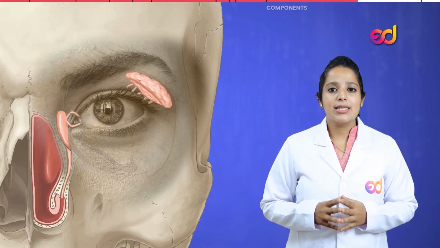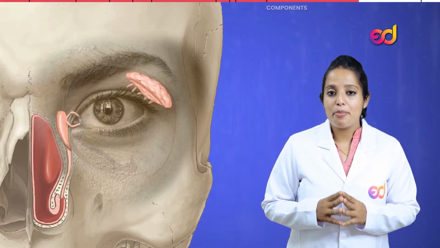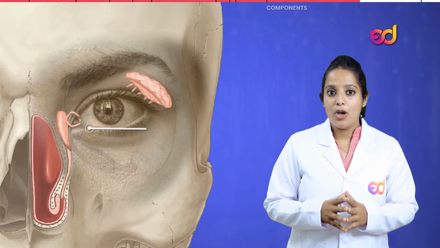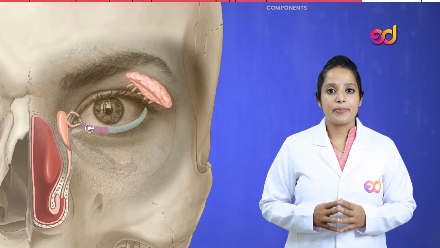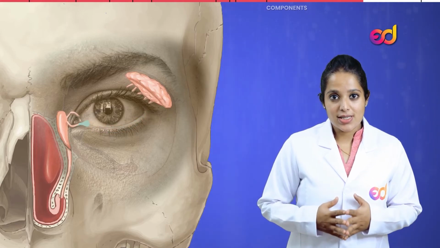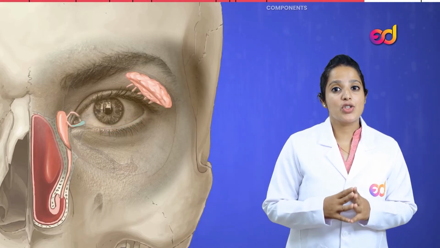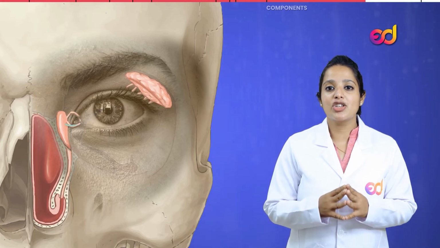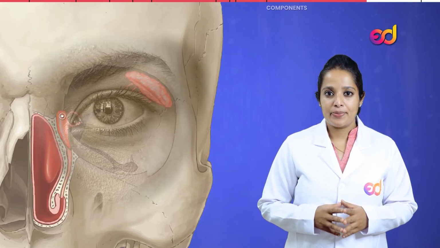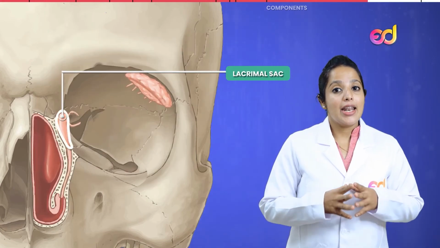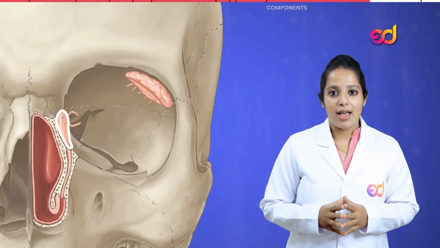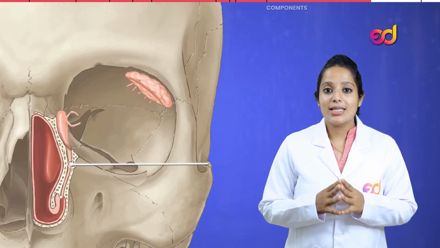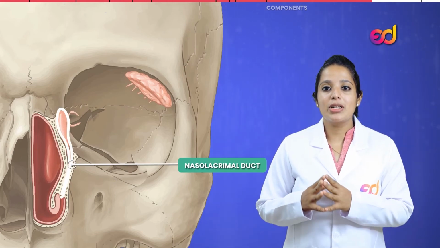On the other hand, the inferior canaliculus begins at the lacrimal punctum, which is located at the medial end of the lower eyelid. It descends first, then travels almost horizontally to open into the lateral wall of the lacrimal sac. The lacrimal sac, another component of the lacrimal apparatus, is a membranous sac and is the upper dilated end of the nasolacrimal duct.